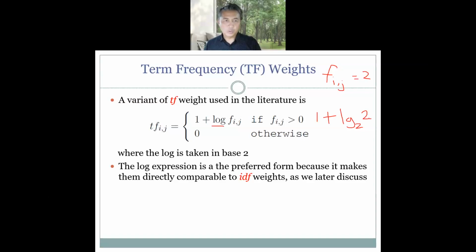So they simplify this one using log 2. The log expression is the preferred form because it makes them directly comparable to the IDF weight. Later on we will discuss that.